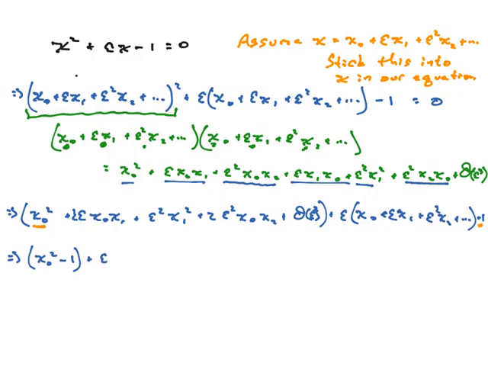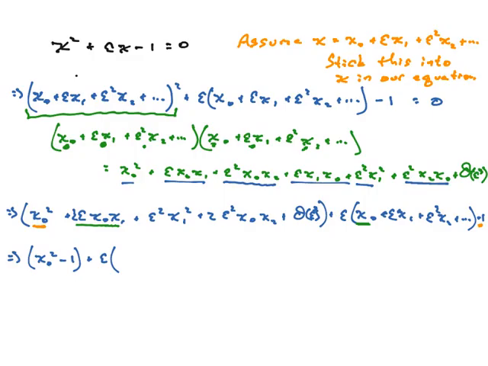Next, I want all the terms that just have a single power of epsilon. All right, well, let's see. There's a single power of epsilon there. Then I'm going to have the epsilon x naught from this guy. So there's going to be him. And then that's it. Those are the only terms that only have one power of epsilon.